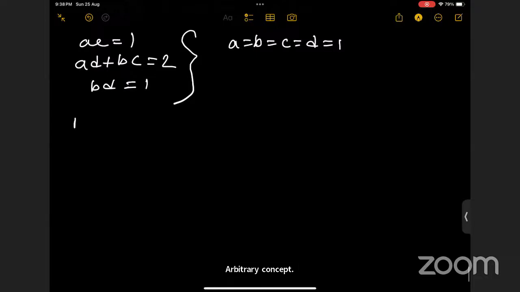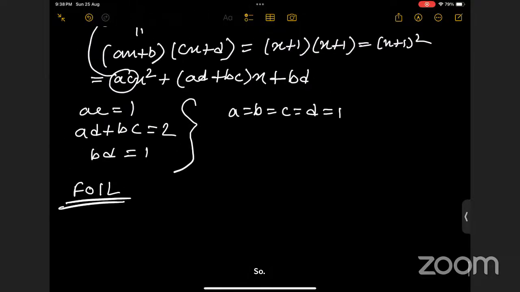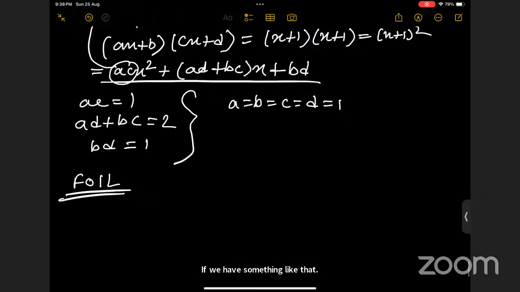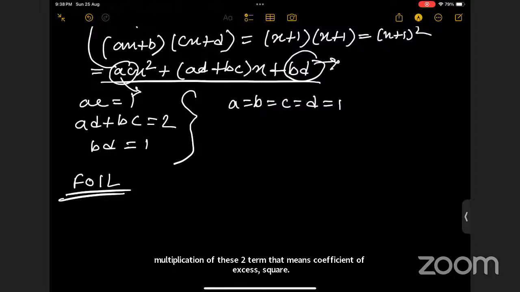There was another method called the FOIL method, right? This is the middle term method also, middle term factorization. So the FOIL method was, if we have something like that, then according to the FOIL method, multiplication of these two terms, that means the coefficient of x squared and the constant term, this is AC times BD, right?